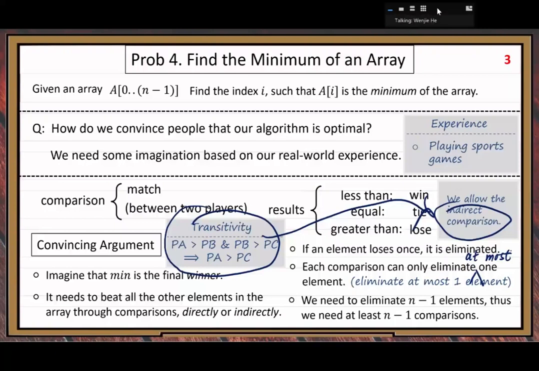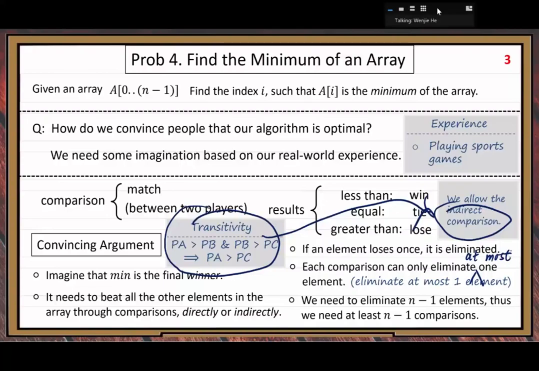The most efficient way is one comparison eliminates one element. So n minus 1 comparisons eliminate n minus 1 elements. That's the most efficient way. You do not waste any comparison to get a final winner, right?